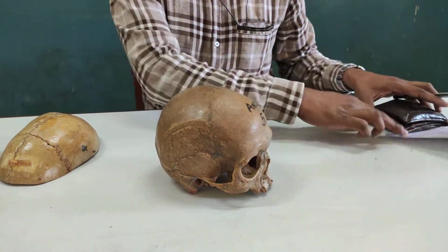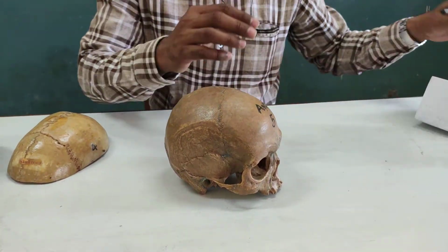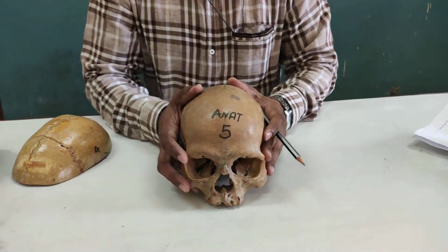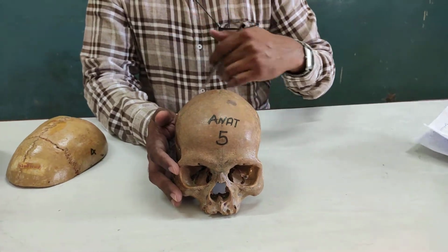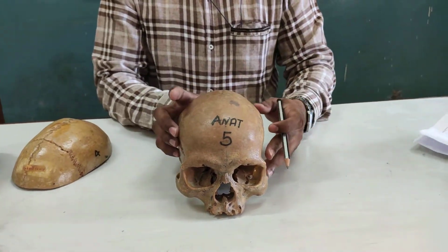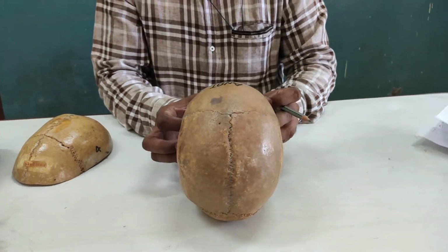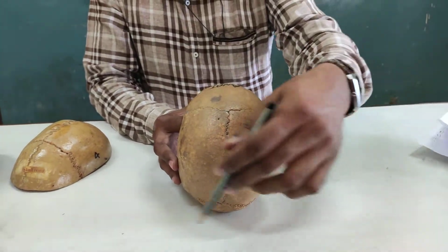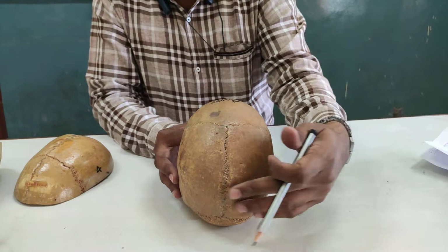Now, we will study Norma Verticalis, how it can be seen. If you see the skull from the superior aspect, it is oval in shape, narrow in front and broader behind.